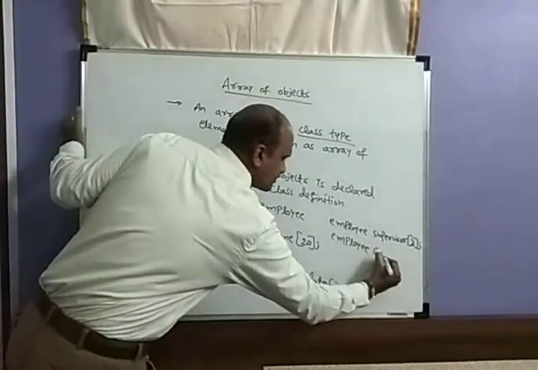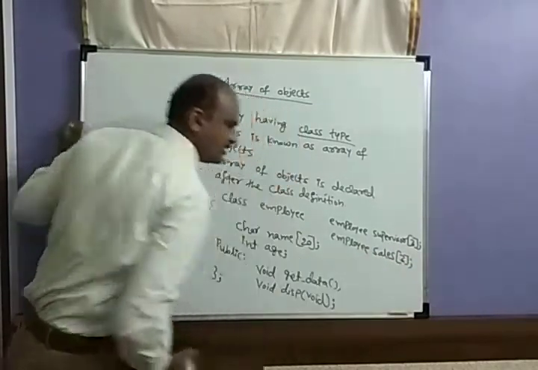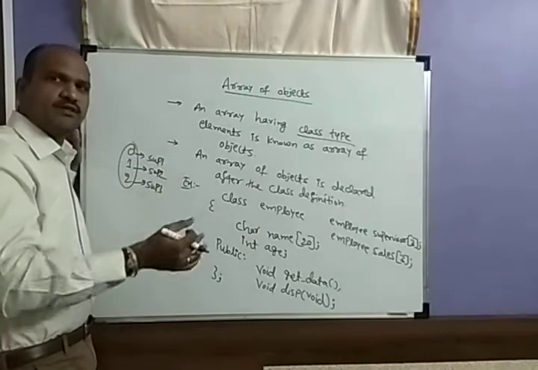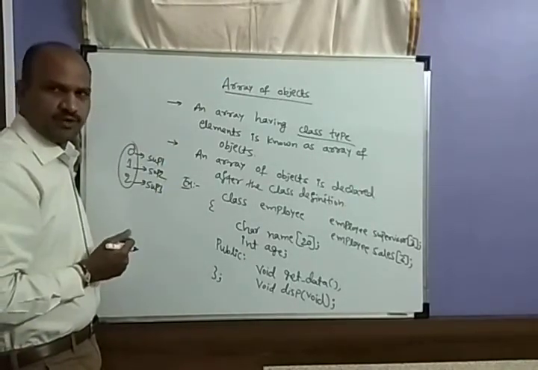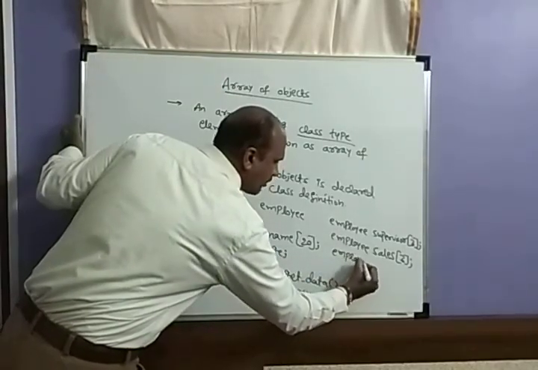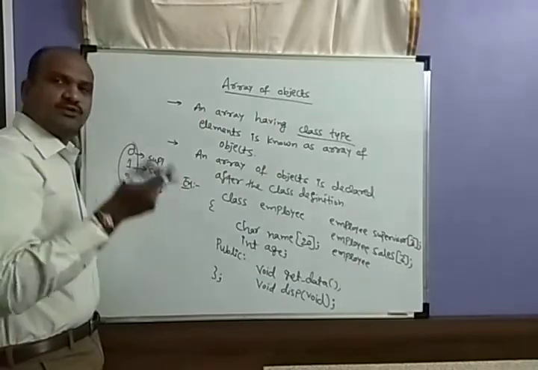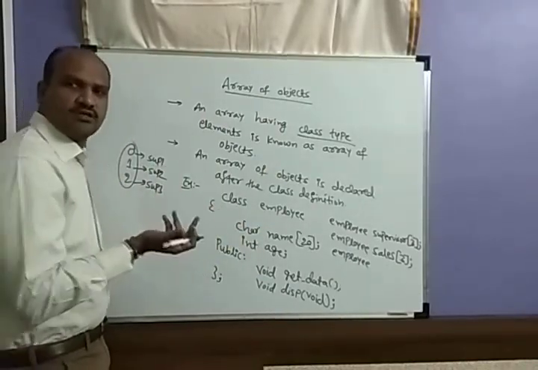Sales, again we declare 3, there also sales having 3, that is 0 1 2. Then again we can declare another object, that is employee, again with the user defined name, the class name, and also the team leader.